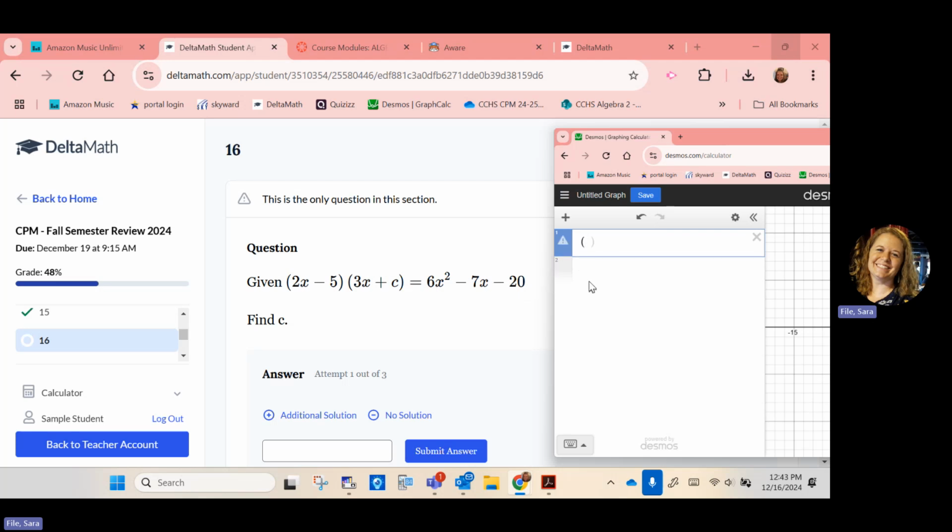So I could plug in 2x minus 5 times 3x plus c. And then the right side is 6x squared minus 7x minus 20. So I'm trying to see which value of C would make these equivalent to each other because there's an equal sign here.